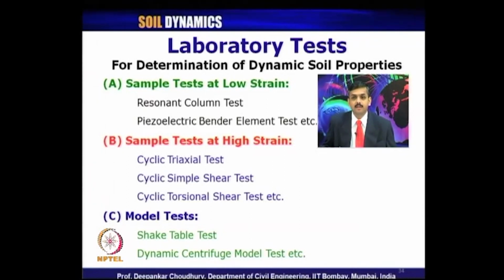In model test, the sub classification we can have shaking table test or shake table test and dynamic centrifuge model test. So, these are the common model tests that can be used to obtain the dynamic soil properties. Now, coming to a small description of each of these tests.